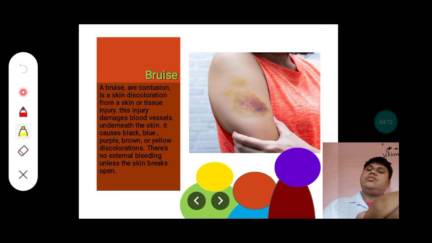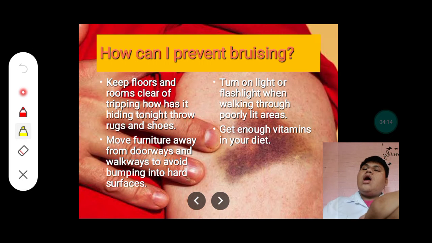Next, how can I prevent bruising? Here are the preventions of having a bruise. Number 1, keep floors and rooms clear of clutter, such as rugs and shoes. Number 2, move furniture away from doorways and walkways to avoid bumping into hard surfaces.